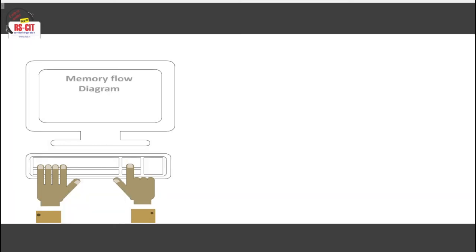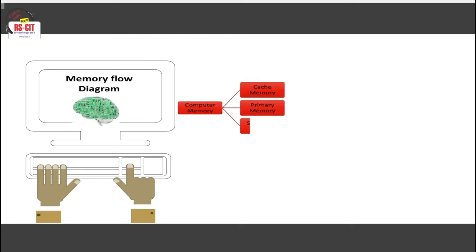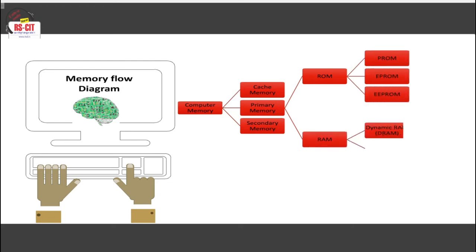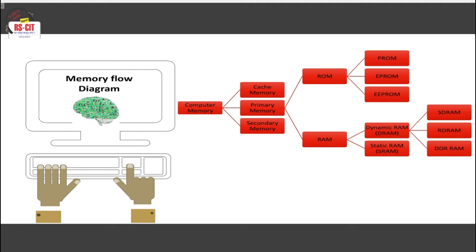Students, let's see the categorization and flow of computer memory now. Computer memory is mainly divided into three parts, that is, cache memory, primary memory and secondary memory. Primary memory is further divided into two parts as ROM and RAM.